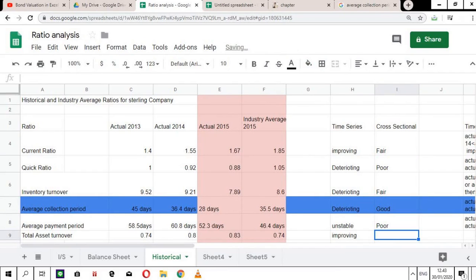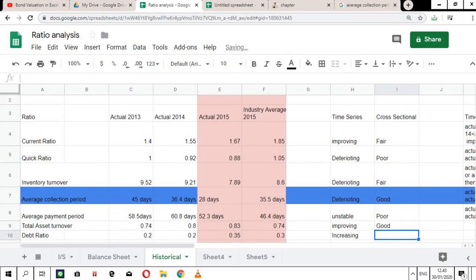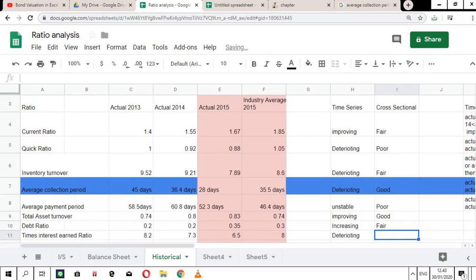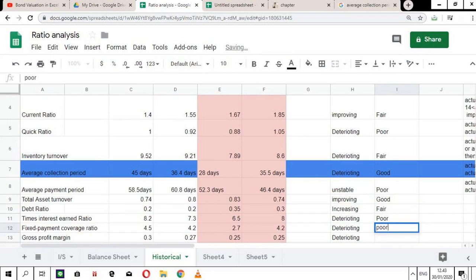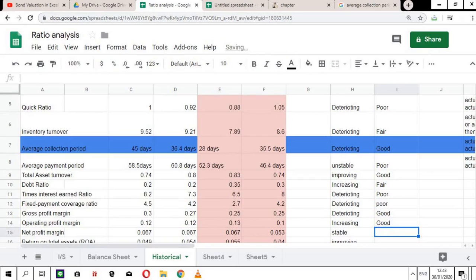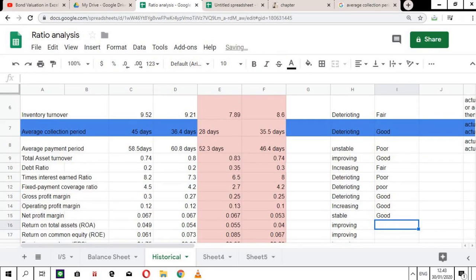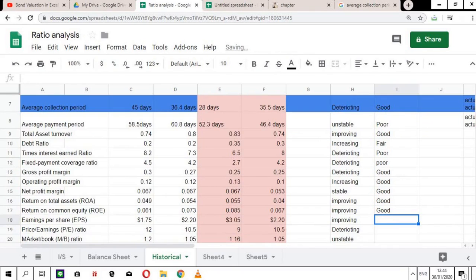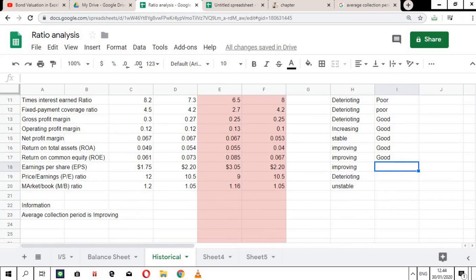Okay: fair, good, poor, good, fair, poor, poor, good, good, good, good, good, good, poor, and good.